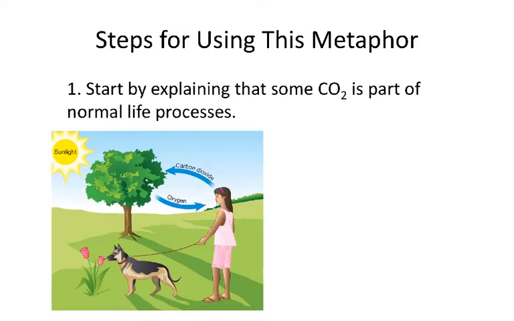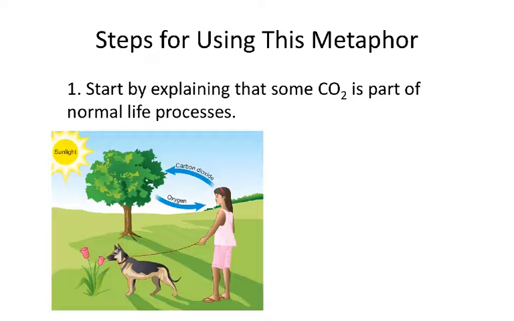And so for this particular metaphor, when you're using it, what you want to do first of all is start by explaining that some carbon dioxide is a part of normal life processes. If you think back to BIO2, if you took BIO2 here, or another introductory biology class at a comparable institution, you've learned that plants use photosynthesis to produce their own sugars.